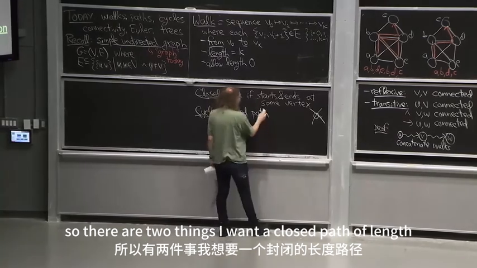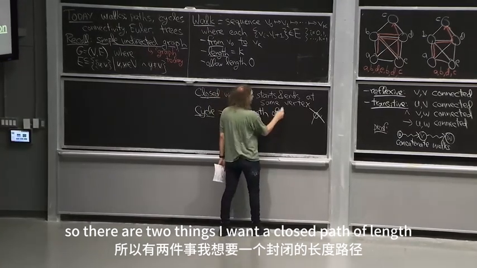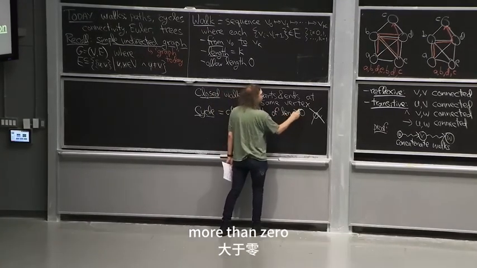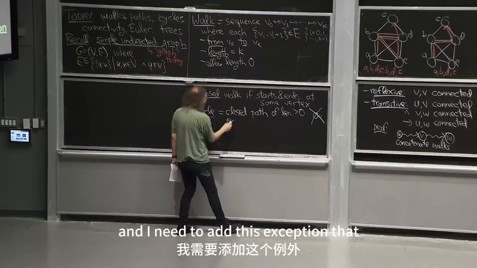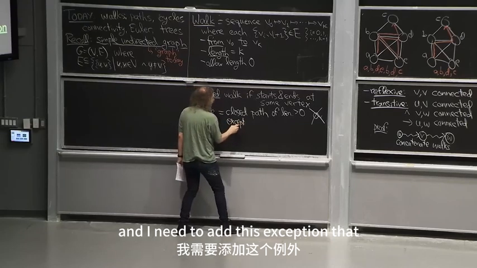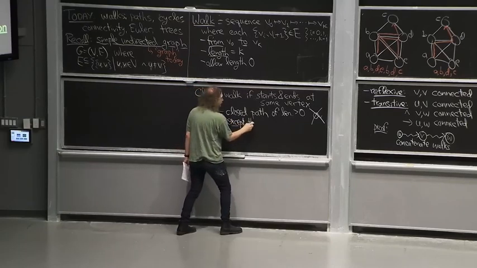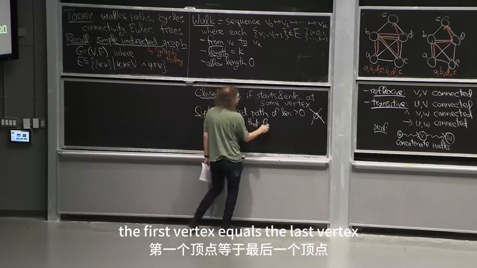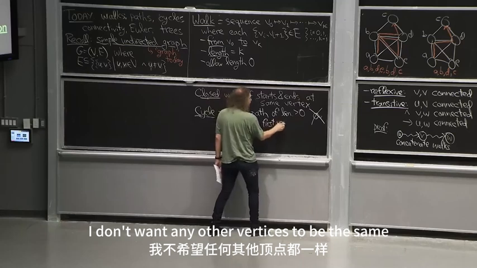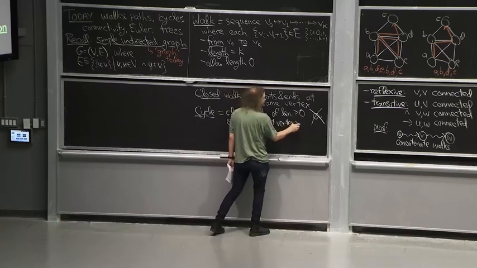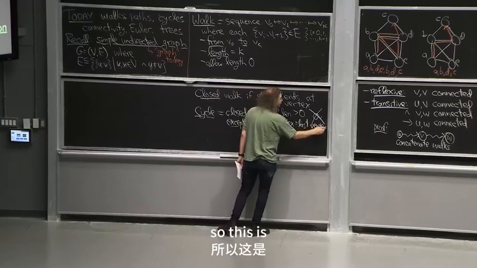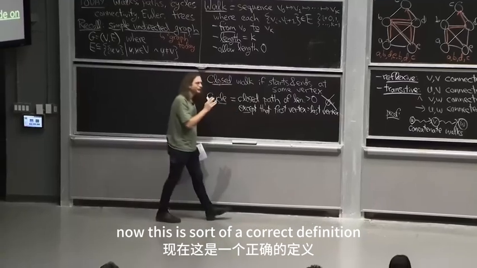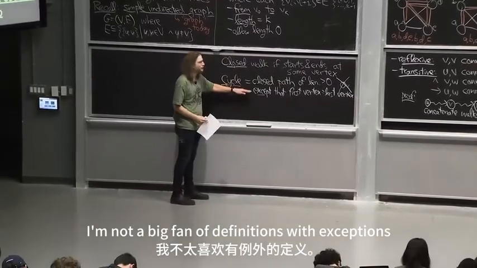So there are 2 things. I want a closed path of length more than 0. You're not allowed to just stay where you are. And I need to add this exception that the first vertex equals the last vertex. I don't want any other vertices to be the same. So this is sort of a correct definition, except I'm not a big fan of definitions with exceptions.